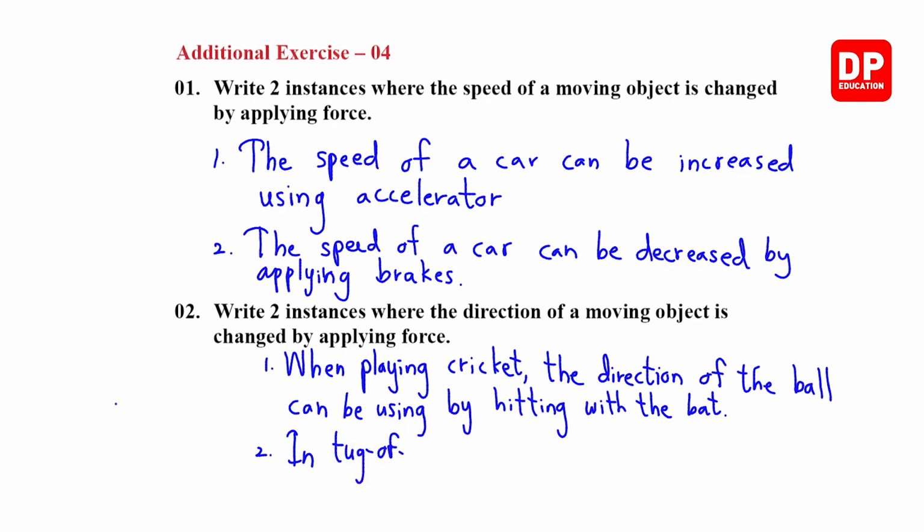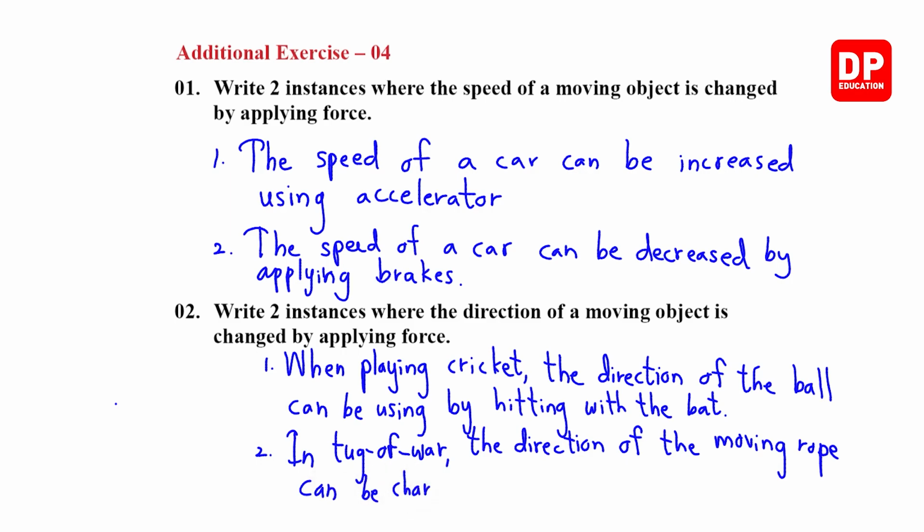In tug of war, the direction of the moving rope can be changed by pulling it.